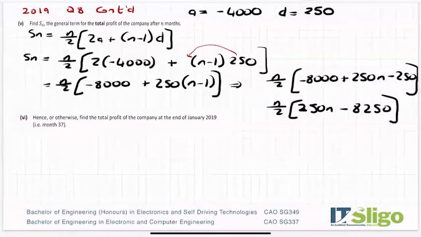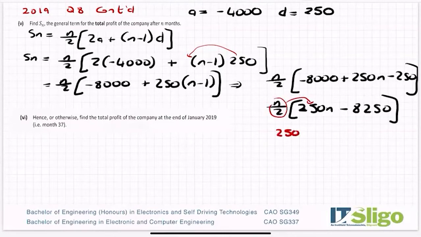So I'm just going to do this bit in red if you wish. I'm multiplying n over 2 by this, and you get 250n times n, which is n squared over 2, minus 8250n over 2.